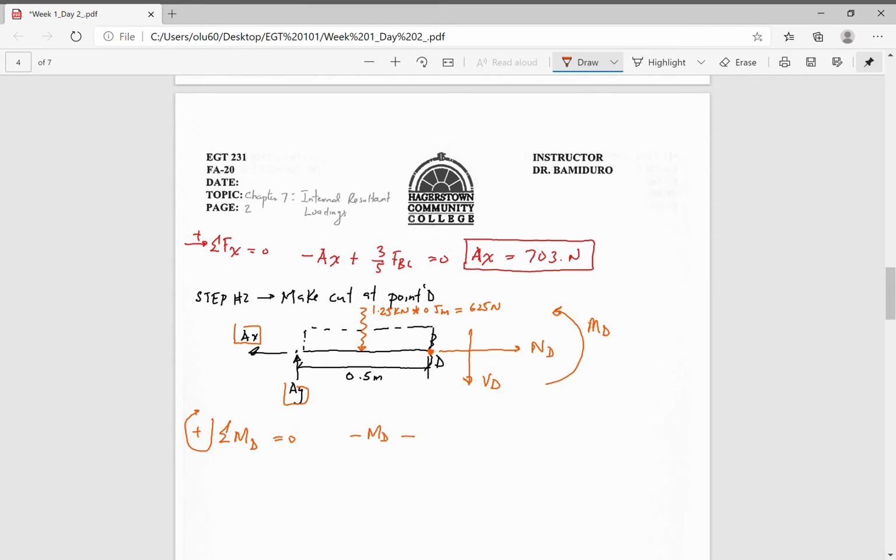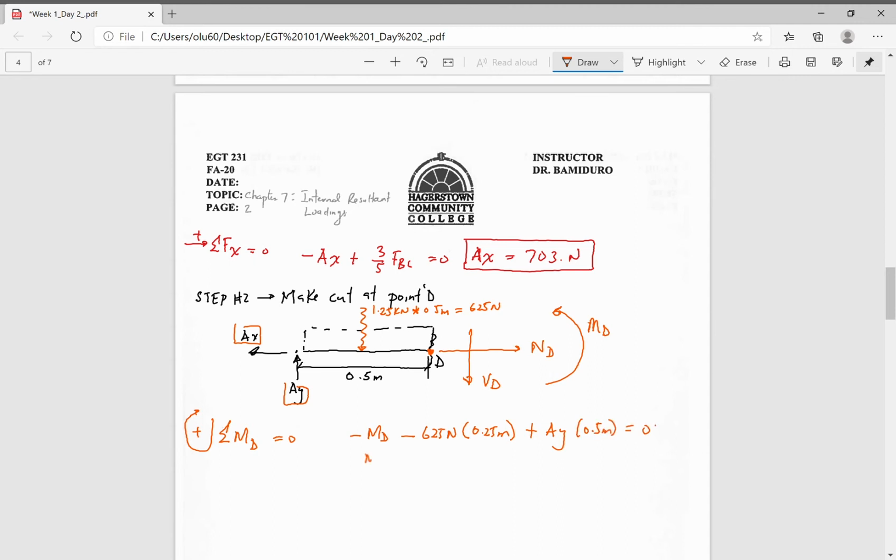minus 625 newtons times 0.25 meters, plus our AY over a span of 0.5 meters equals 0.